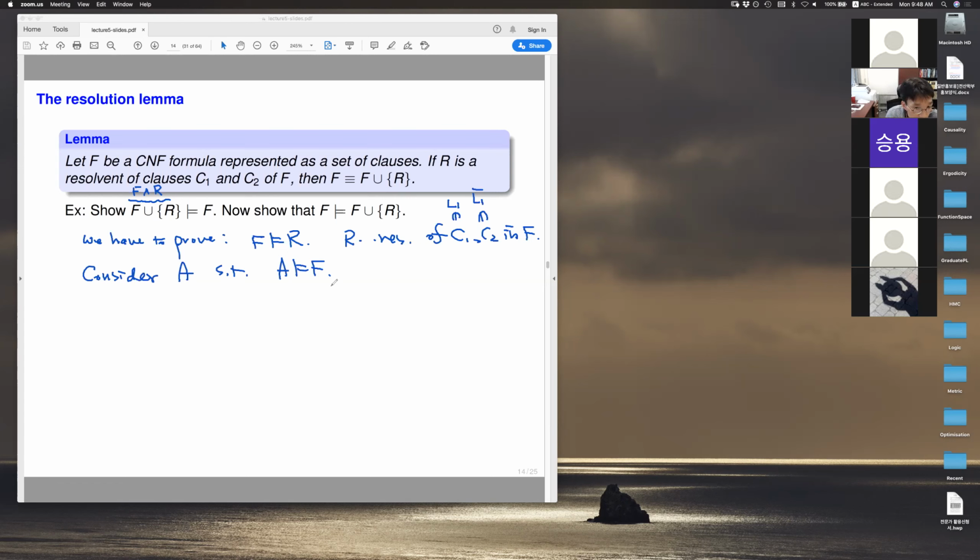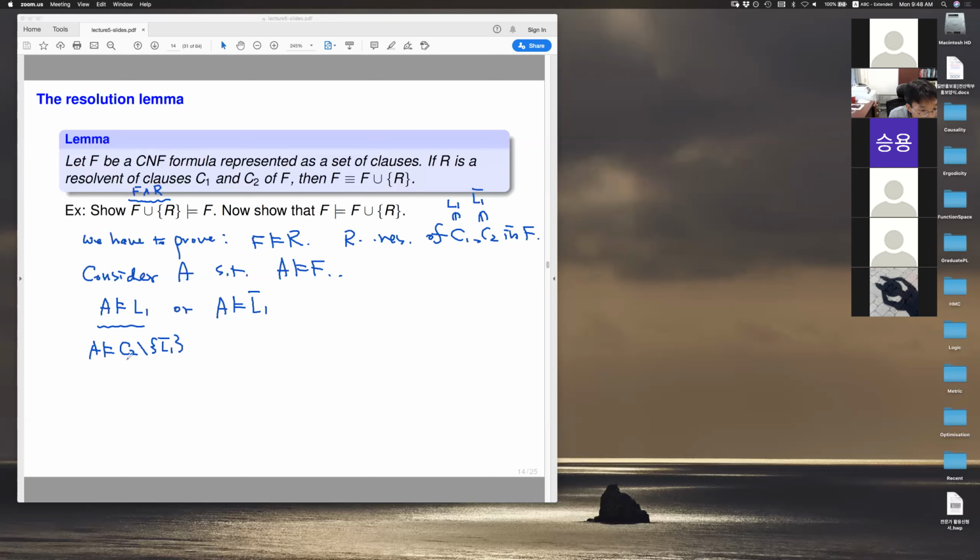So then we have to prove that A also satisfies R. To show this, we do case analysis. A should satisfy L1 or A should satisfy L1 bar, because they are in a complementary relationship, so one of them must be true. Now, if the first case is true, if A satisfies L1, then A should satisfy C2 minus L1 bar.